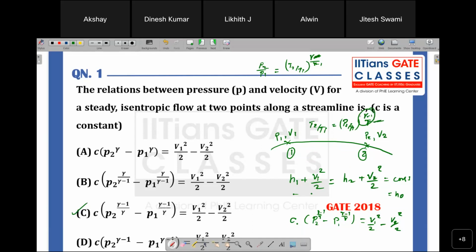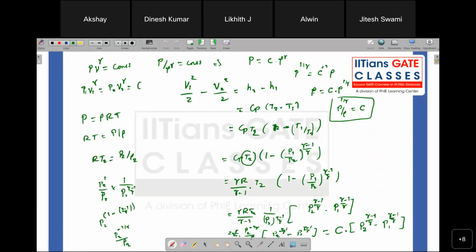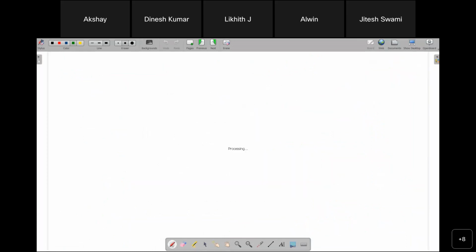The only confusion you can make is between gamma minus 1 by gamma or gamma by gamma minus 1. So you have to be careful. That is where your isentropic relation helps. This is a 1 minute question if you know the trick, or else it will take 3 to 4 minutes to get the correct answer. But still you can get the answer. So that is important, right?